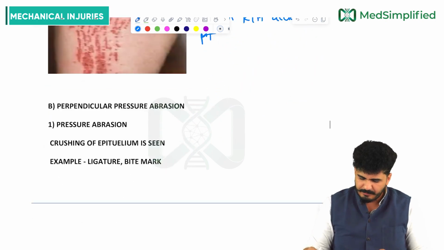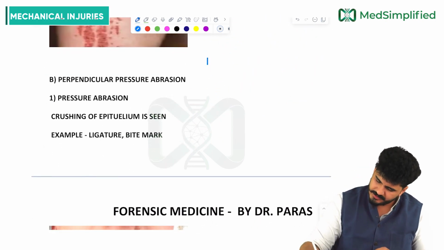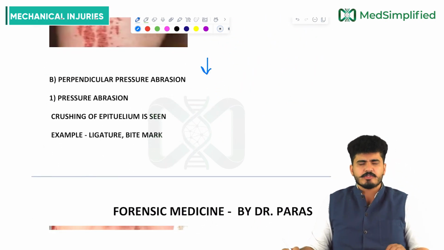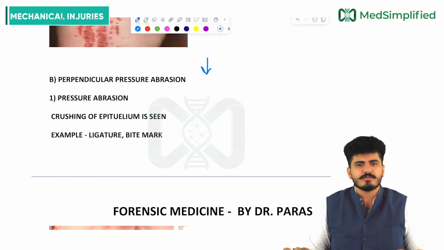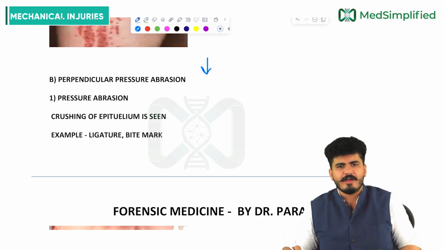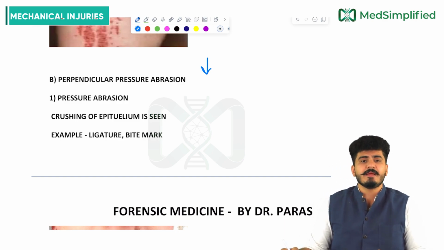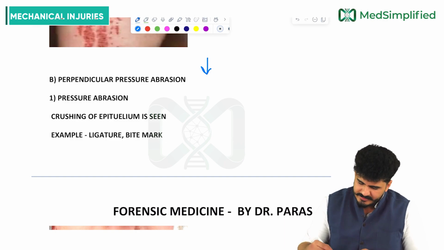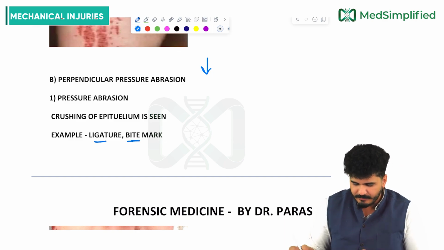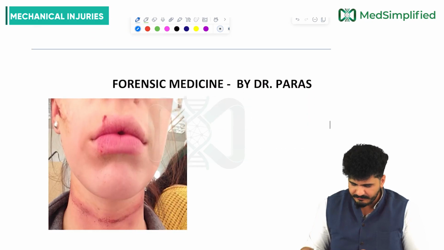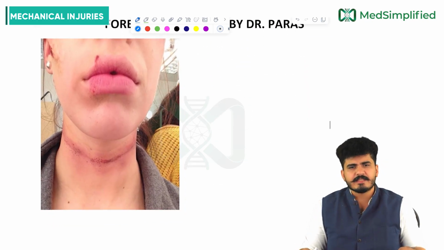Now coming to the perpendicular pressure abrasion. In perpendicular pressure abrasion, crushing of epithelium is seen. Now the epithelium is crushed, for example, in a ligature mark or a bite mark. If I can show you, this is a ligature mark, my dear friends.